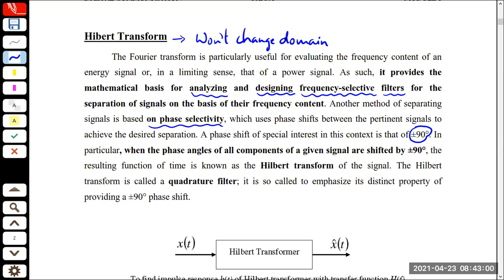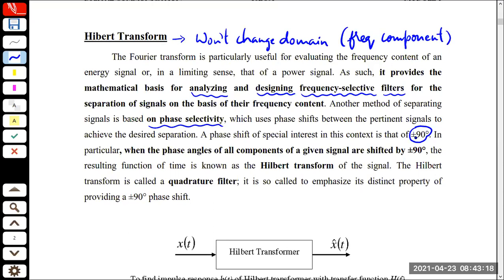The only change it makes is onto the frequency component of that signal.